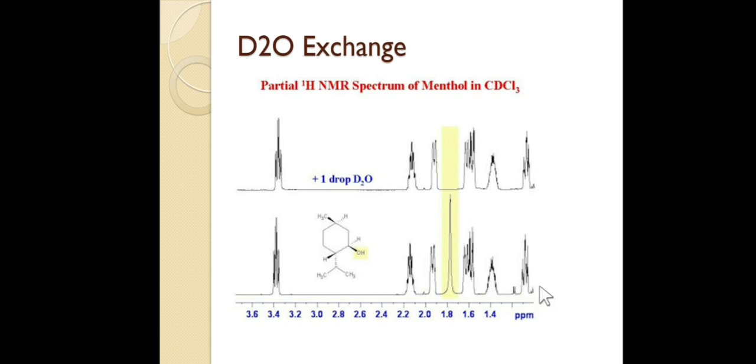It is very confusing whether this peak belongs to any CH2 or CH3 or it is really of the OH proton. Once we do the D2O exchange by adding one drop of deuterated water to the sample, this peak at 1.8 ppm vanishes, and it is clear that this peak at 1.8 ppm is associated with the OH.